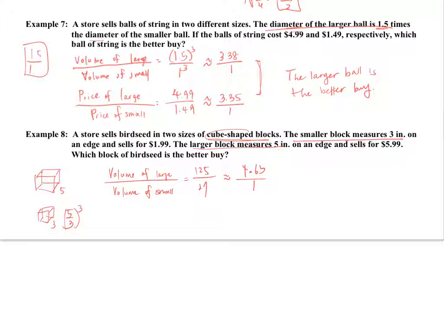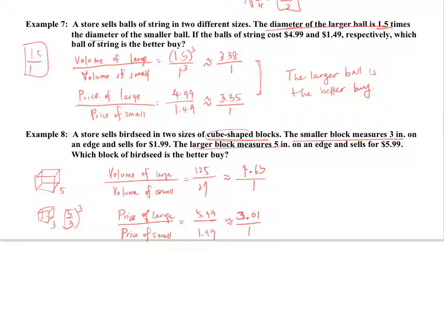And we find the price of the large one to the price of the small one. That's $5.99 to $1.99. That's 3.01 to 1.